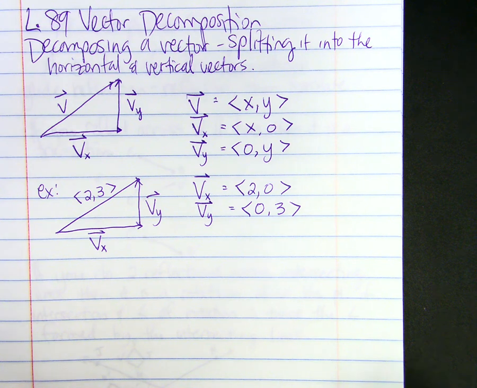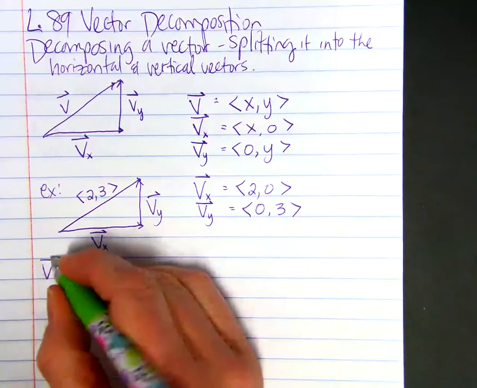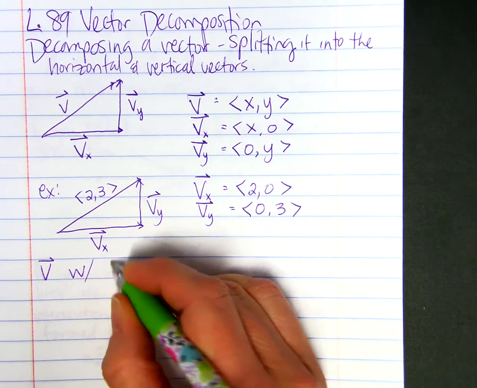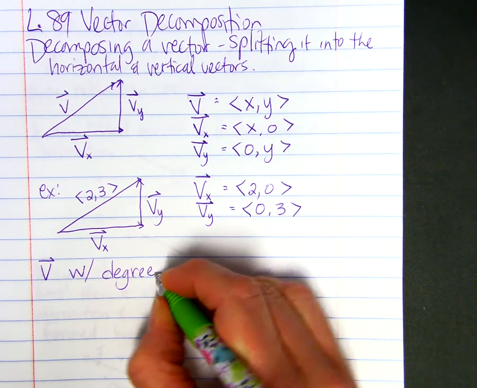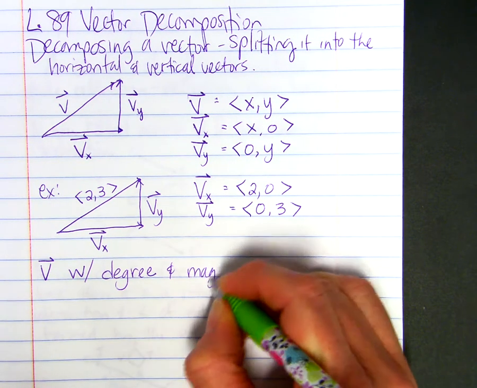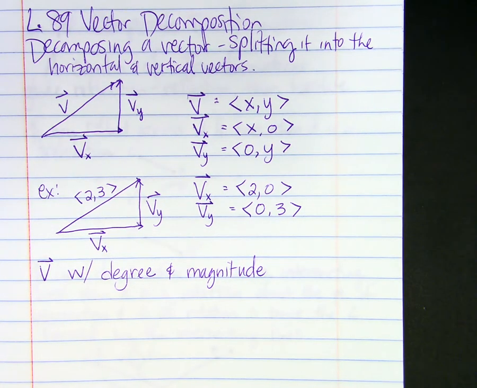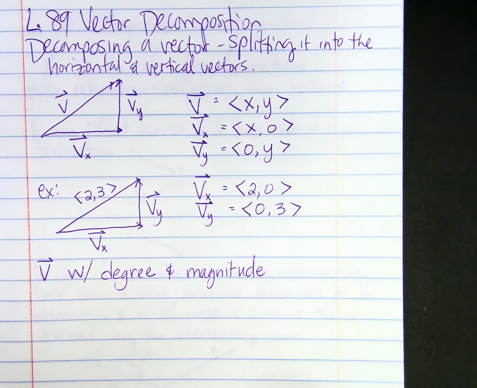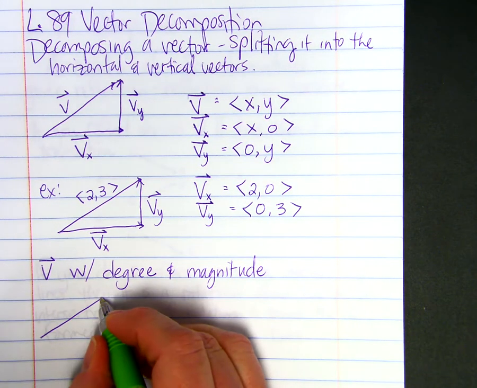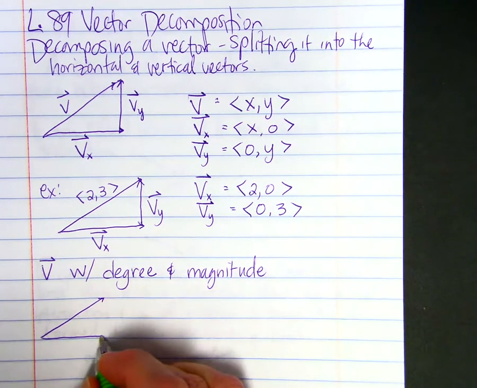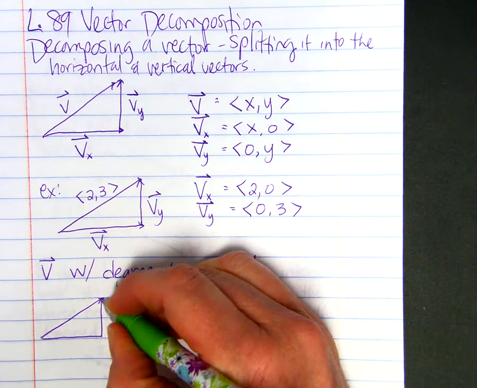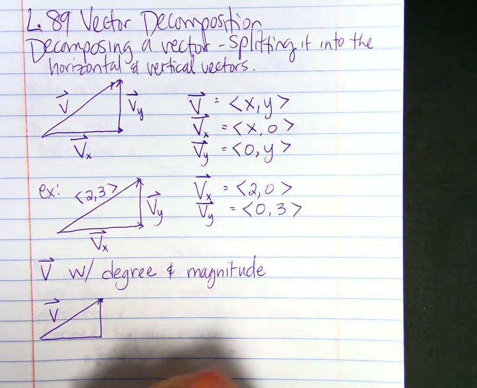We can have a vector with degree and magnitude. So if we have a vector, we'll call this vector v.